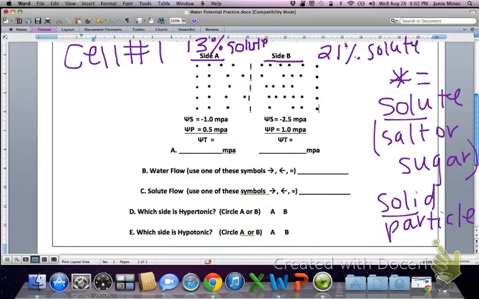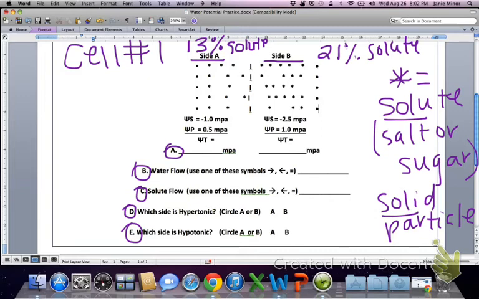But remember, this is a problem dealing with osmosis. So we want to know where water's going to go, basically. And if we look at the letters that we have to answer, we have an A, a B, a C, a D, and an E. Let's start with the first letter, A. If you look at your equation that they give you at the beginning that you wrote down, you are trying to find psi T, water potential.